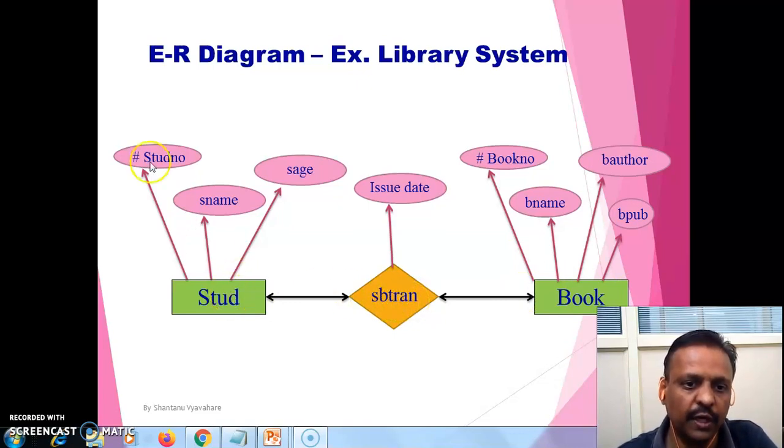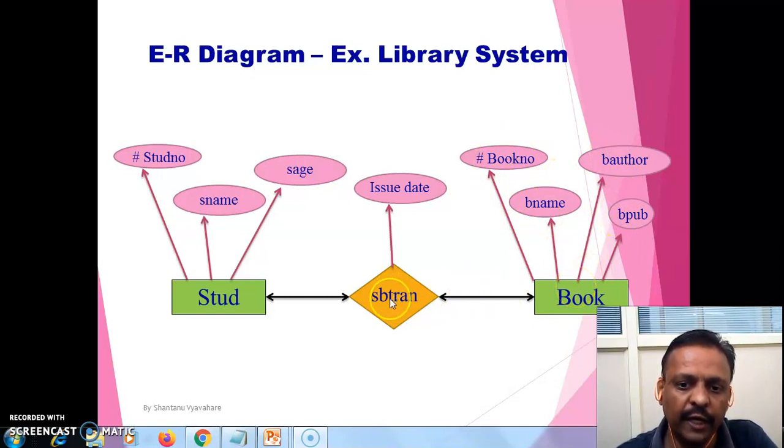Student contains student number, student name, student age as attributes. Means while creating the student table, you require these attributes as column names. Then book has book number, book name, book author, book publisher. These are the columns of the book table.